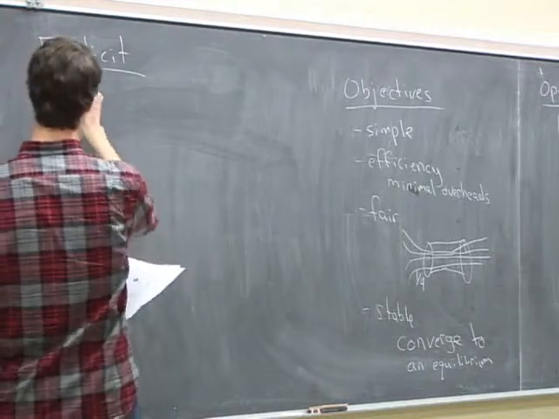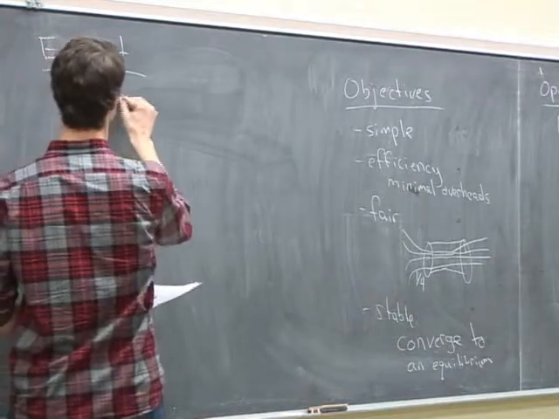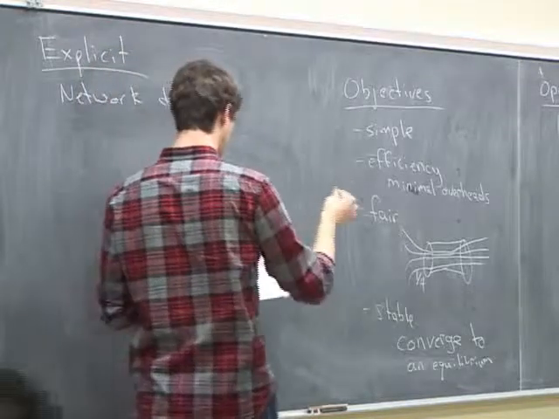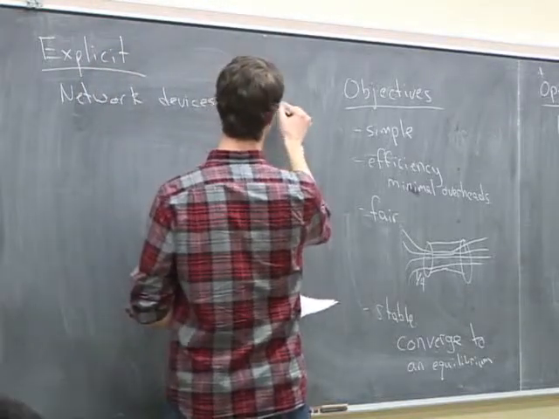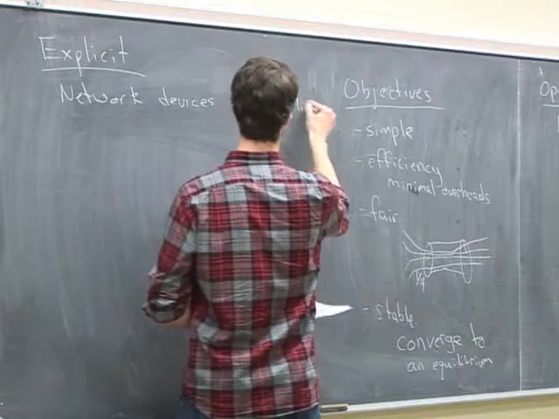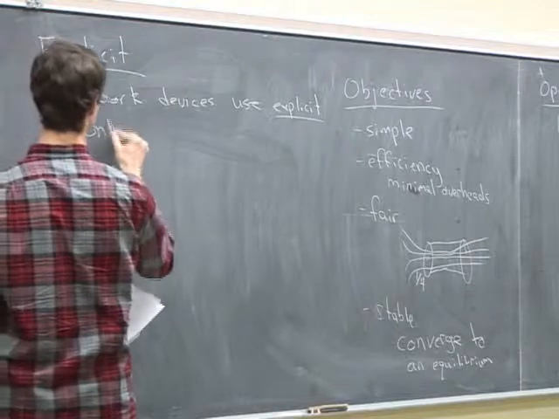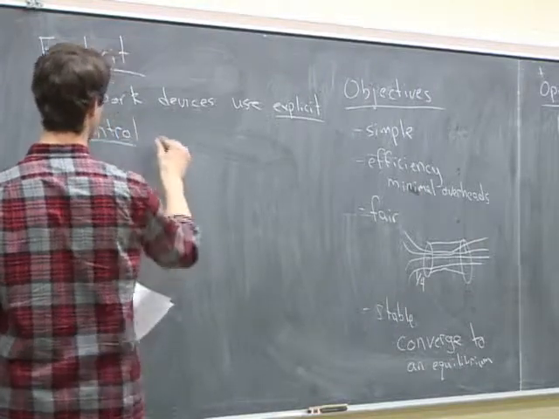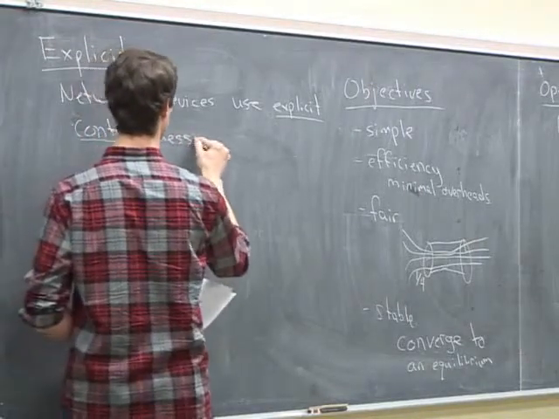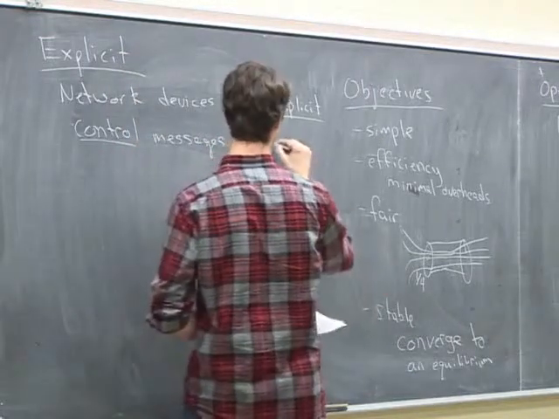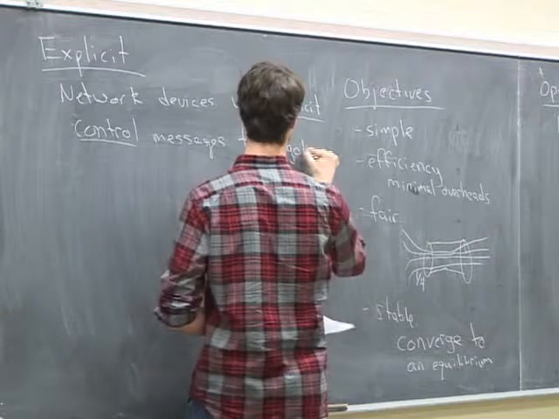So let's just say network devices use explicit control messages to negotiate the sending rate.